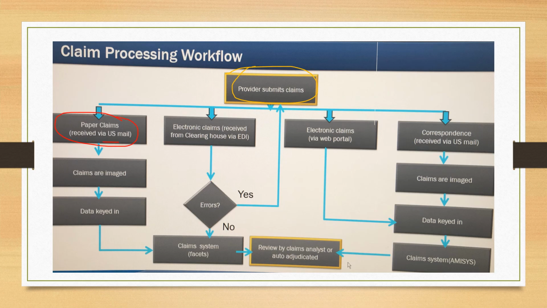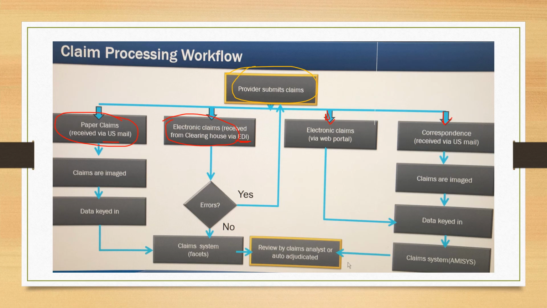Okay. This is the electronic claim. We were talking about the EDI system, electronic data interchange. You need to know this. No human interference happens in this system. And then the web portal claims, and then the correspondence received by US mail or something like that.